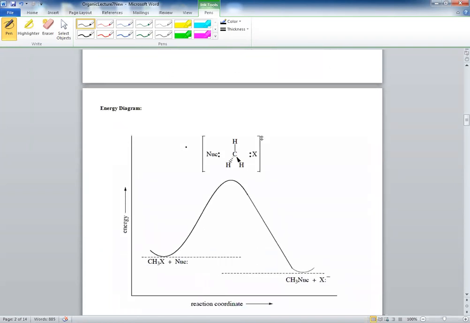So here, if we look at the energy diagram, you have, of course, your reactants. Let me use a different color.